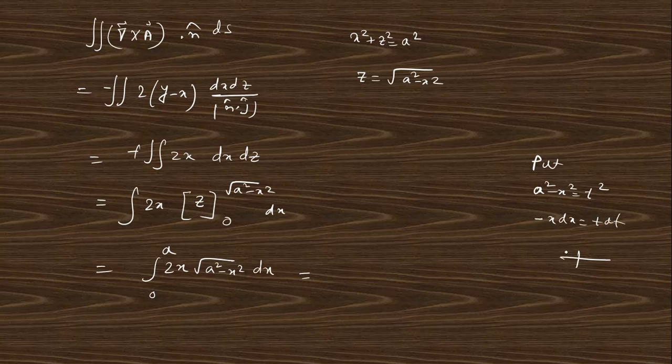When x is 0, t is a, and when x is a, t is 0. So 2x dx becomes 2t dt with the sign change, and there is t, so this will be t cube by 3.